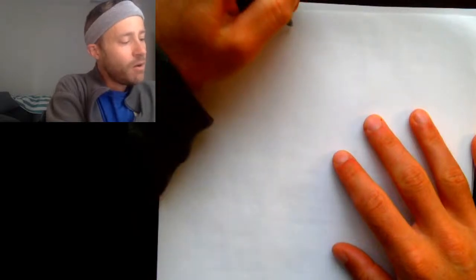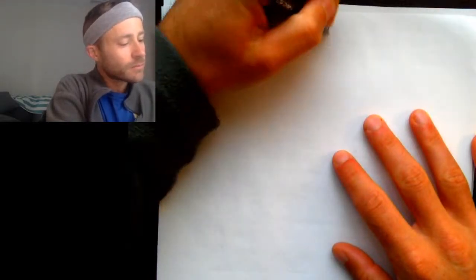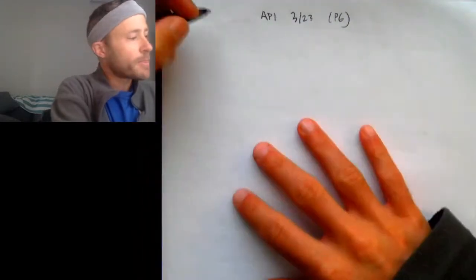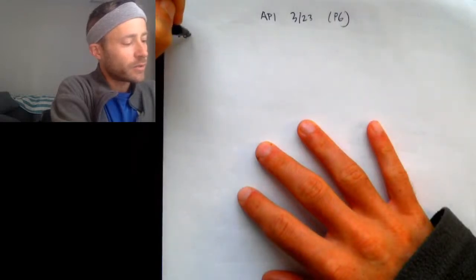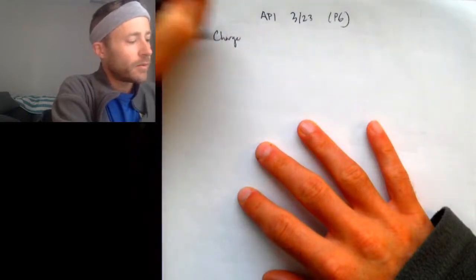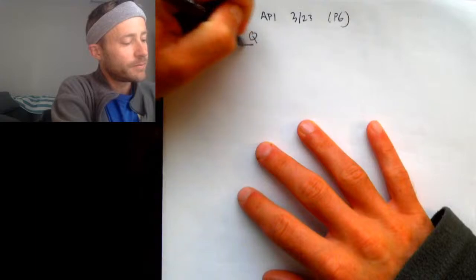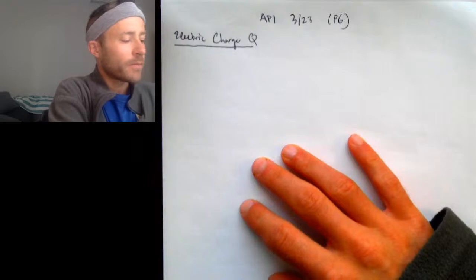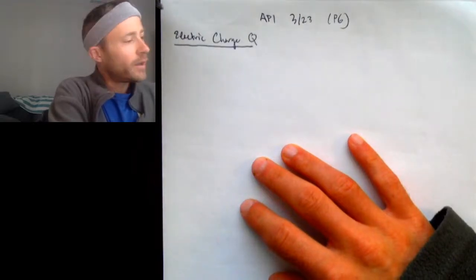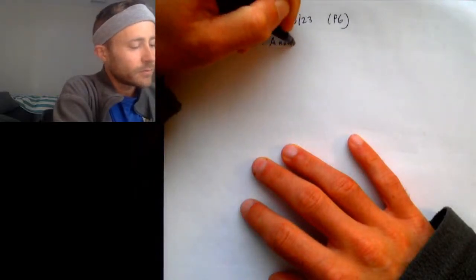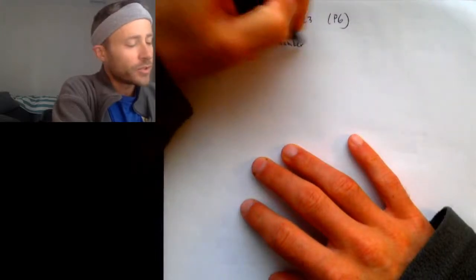This is AP Physics 1. Okay, so the first thing I'm going to talk about today is something called electric charge, which is denoted by Q. Q is the variable for electric charge, and electric charge is a number, much like mass.